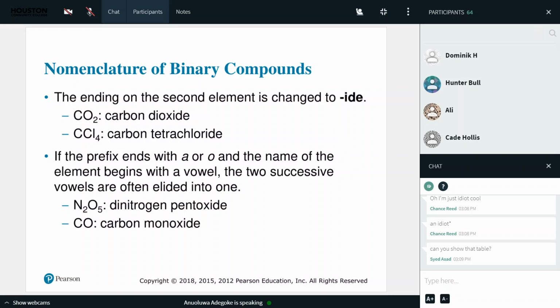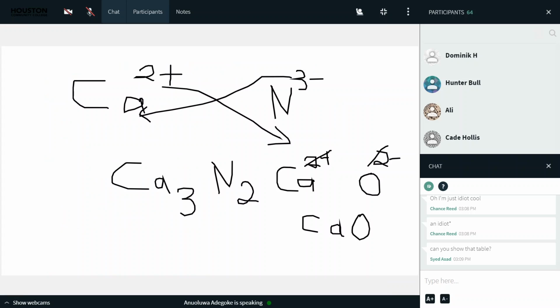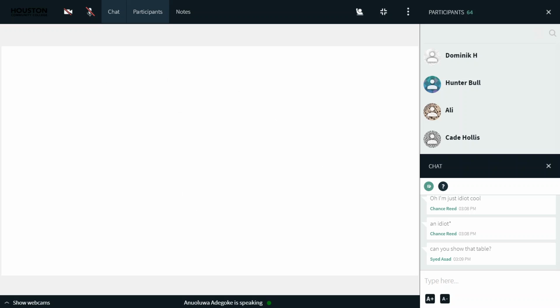Now, there are some molecular compounds that we typically have a common name that we call them. And therefore, we don't go by that name using prefixes. A very good example is water. Water is H2O, right?